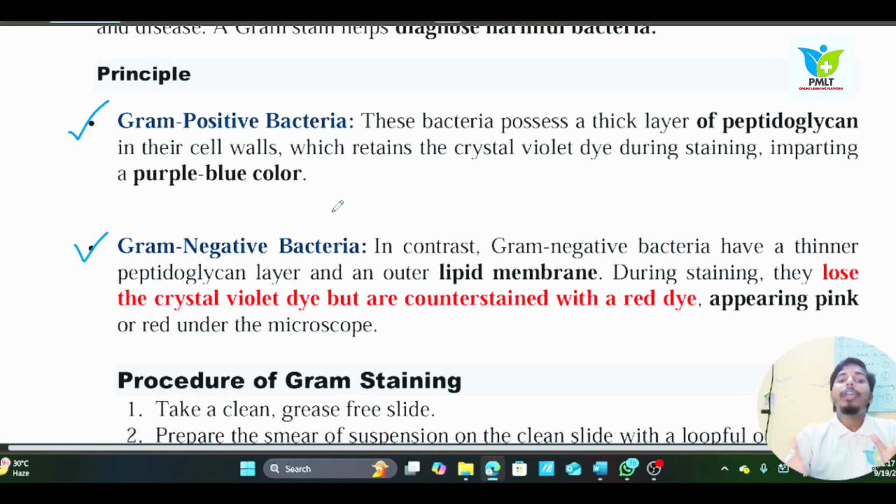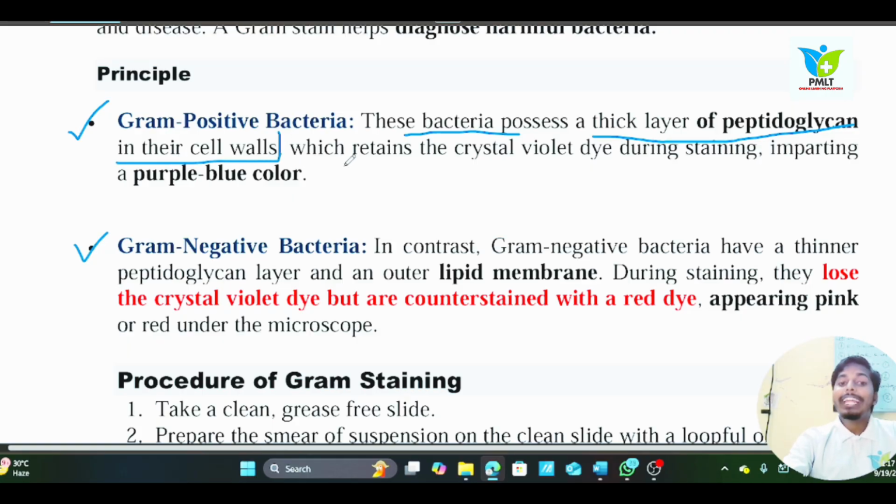Now we are going to understand how we do the gram staining. Before understanding the procedure, we need to understand the principle, how it happens. This bacteria possesses a thick layer of peptidoglycan. I already told you that the peptidoglycan layer is thick in gram positive bacteria.